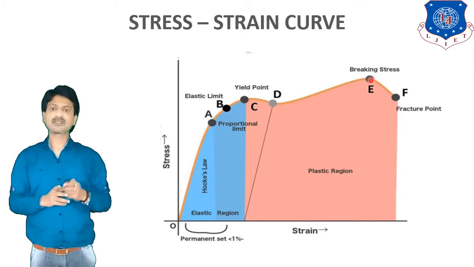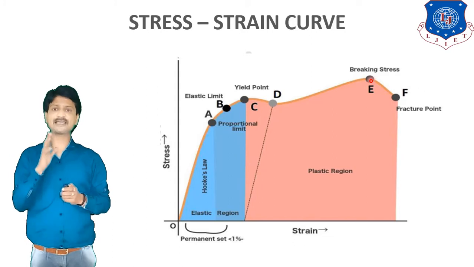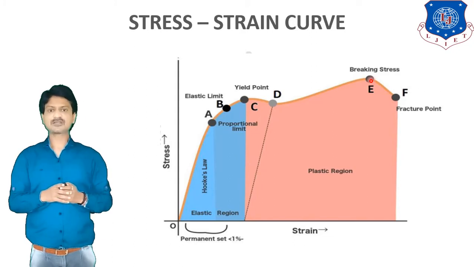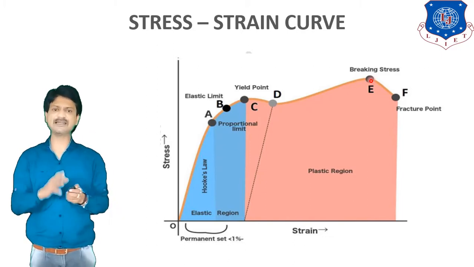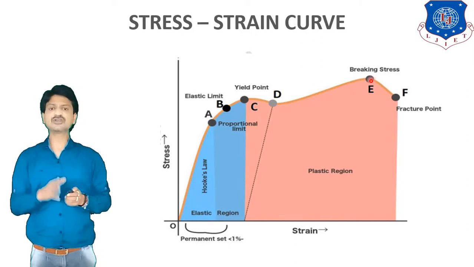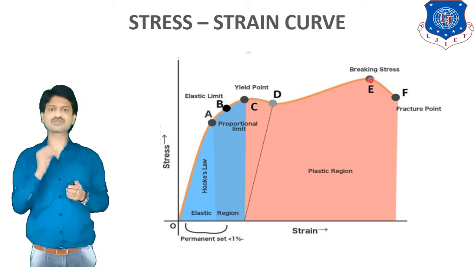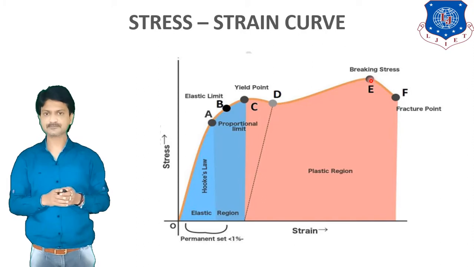Now, next is breaking load point. Up to point E, the cross-sectional area goes on decreasing, forming a neck, as we have discussed in the earlier point. So this cross-section area becomes smaller and smaller.